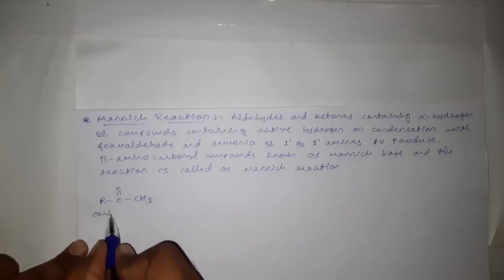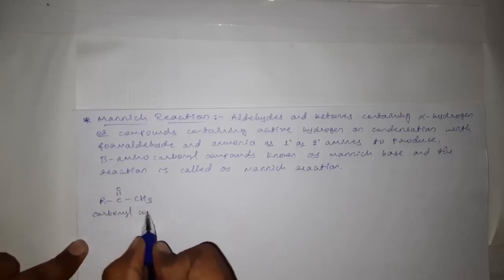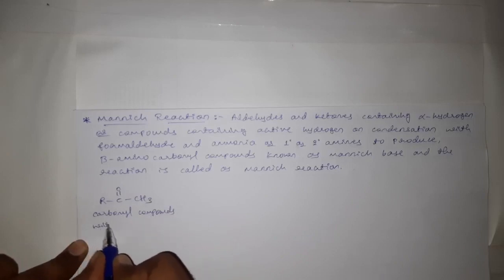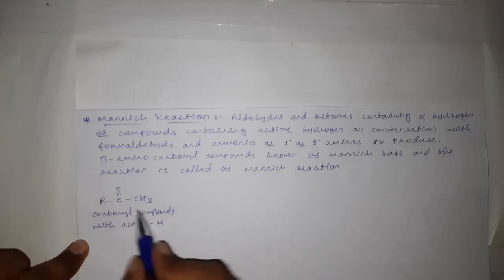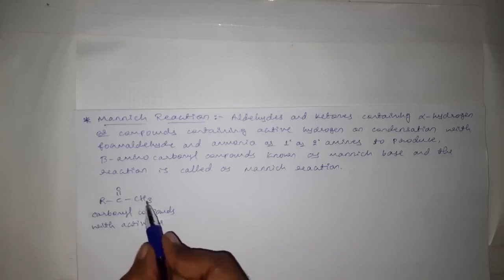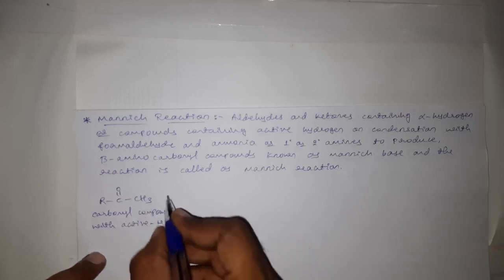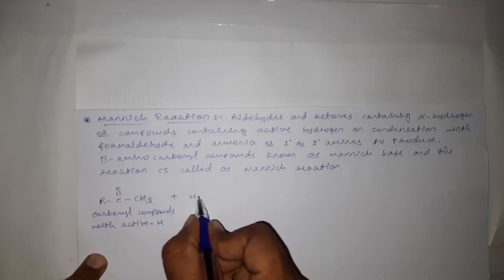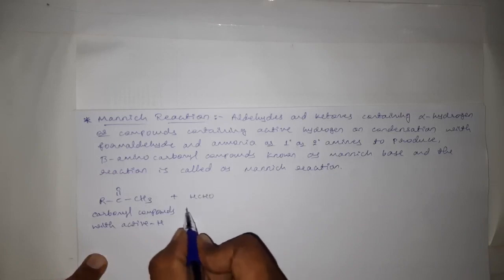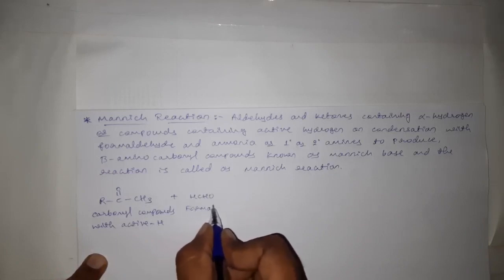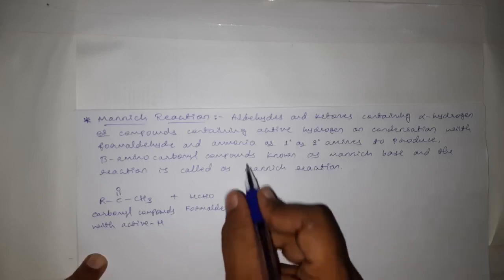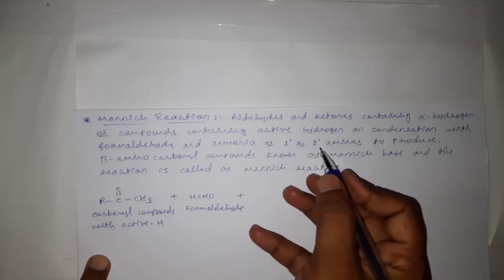The carbonyl compounds with active hydrogen. Here these three hydrogens are called active hydrogens, and along with this they are telling formaldehyde, that is HCHO, and along with ammonia or primary or secondary amine.